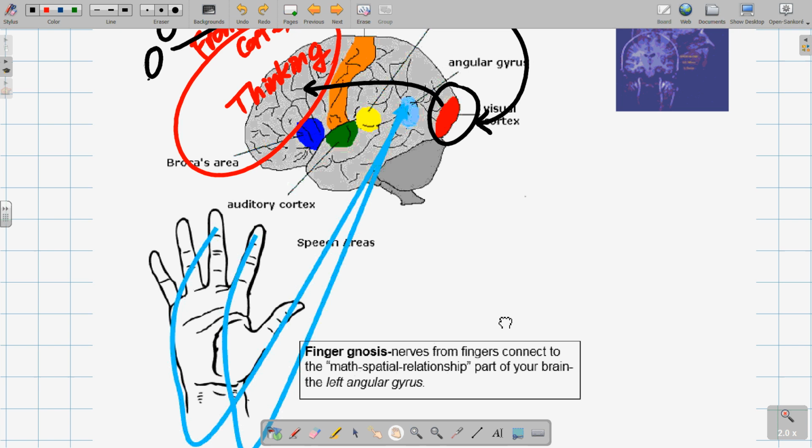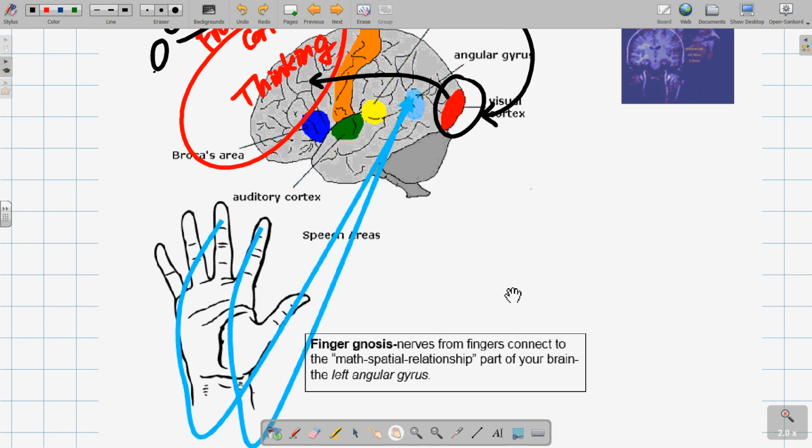There's another part of your brain that helps you process visual spatial problems related to math, and it is specifically called the left angular gyrus. It's just behind your left ear, a little deep, the left angular gyrus.